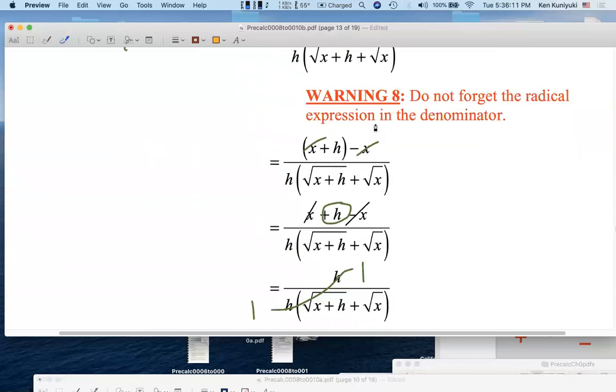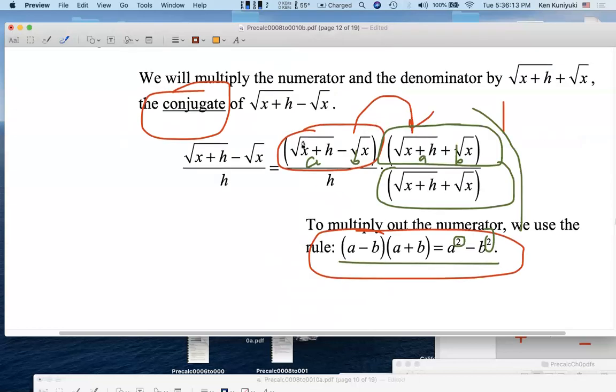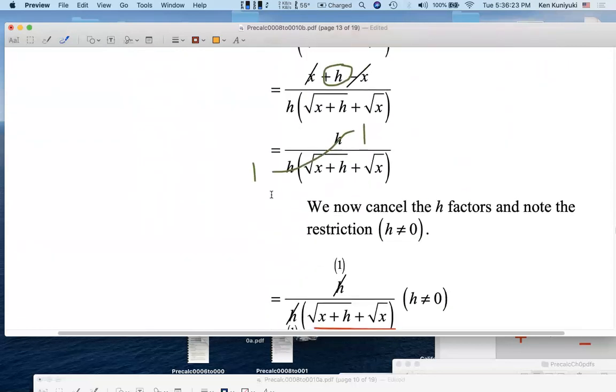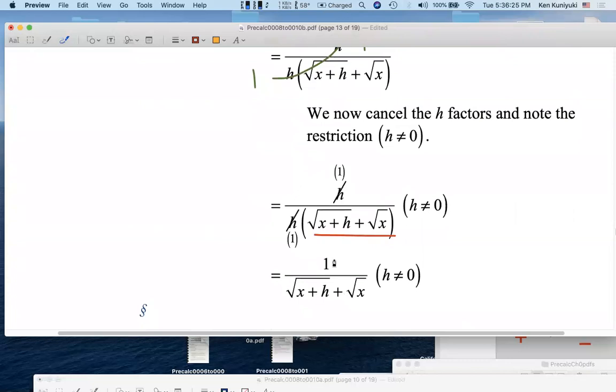So notice that with the original over here, we had radicals in the top, but not the bottom. We end up with, here, radicals in the bottom, but not the top. But see, in calculus, and in this class, we're going to let h approach 0, and we're going to end up with 1 over 2 root x.